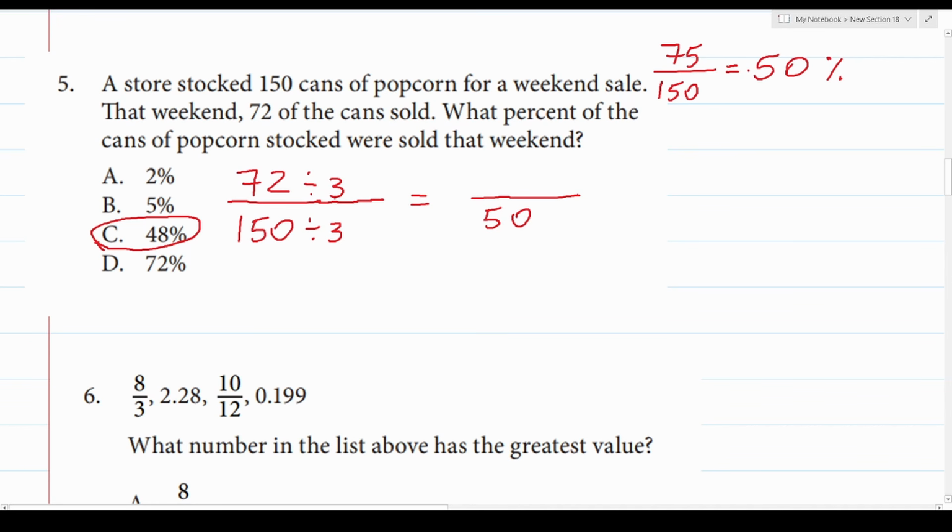Likewise, 72 divided by 3 is very easy to do mentally. 7 divided by 3 is 2. We have 1 left over, so that becomes 12 divided by 3, which is going to be 4. All right, and we can actually reduce 24 over 50 even more by dividing 24 by 2 as well as 50 by 2. 24 divided by 2 is 12. 50 divided by 2 is 25.